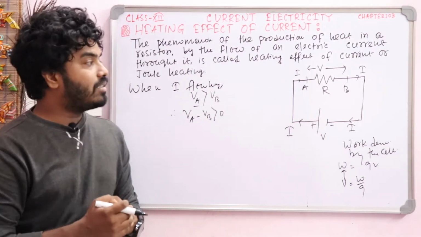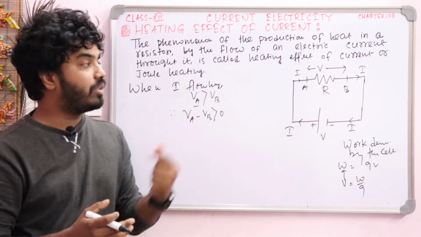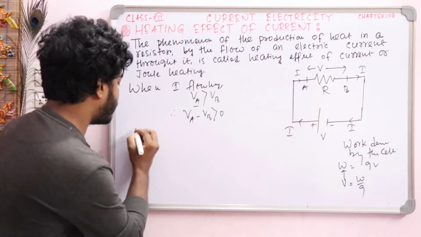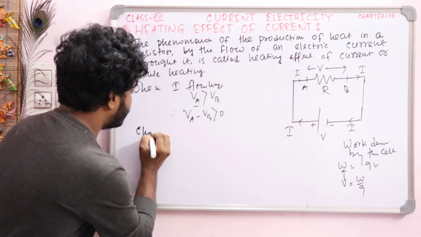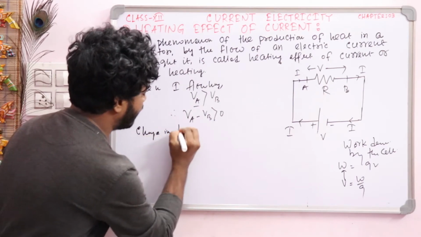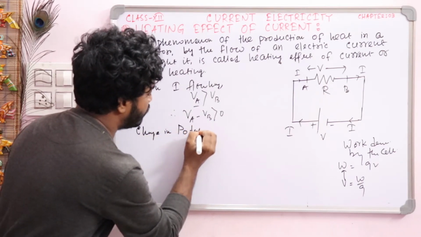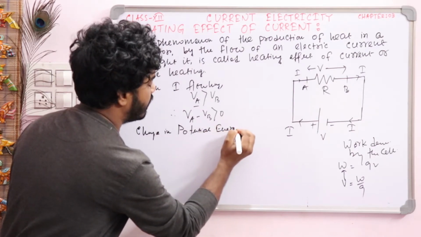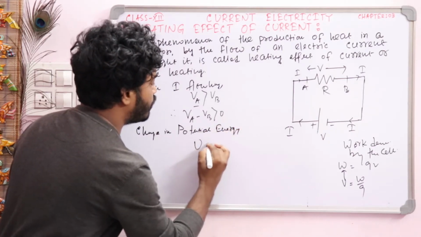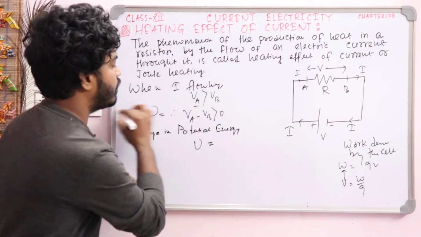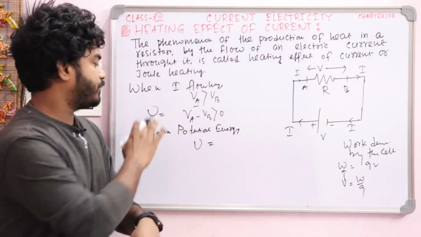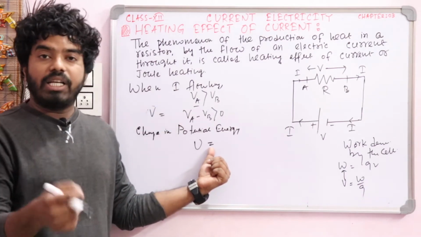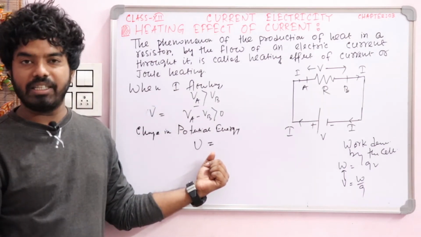Now what is the change in potential energy between these two points A and B? Write down the change in potential energy, that is, delta U is equal to the potential energy at the final point minus the potential energy at the initial point.